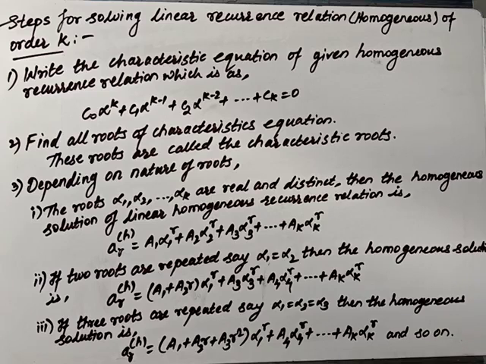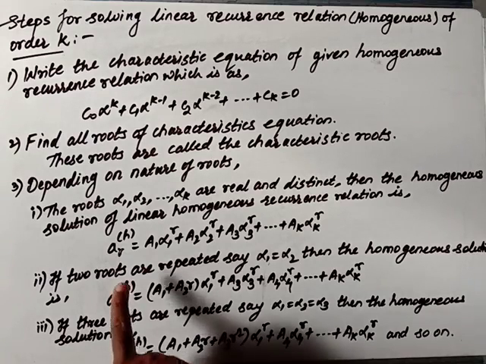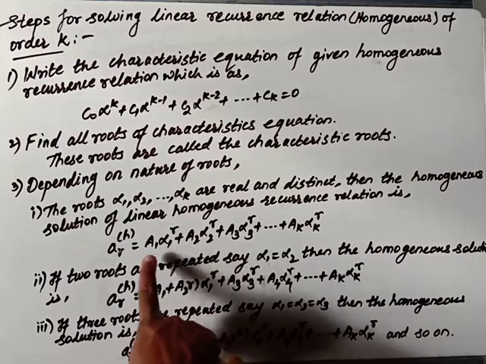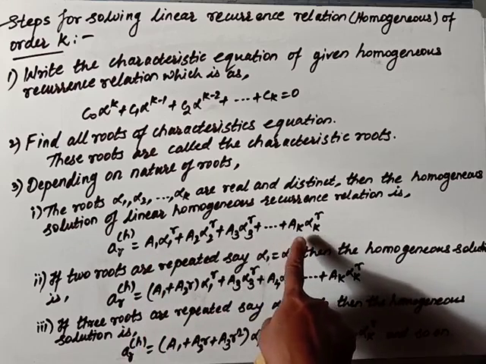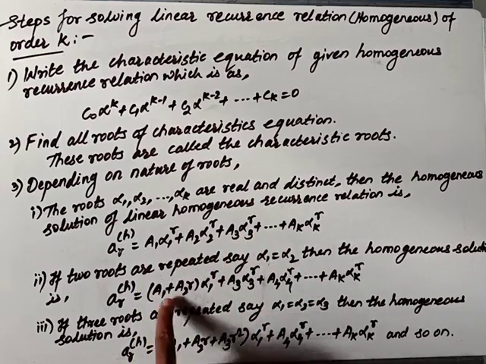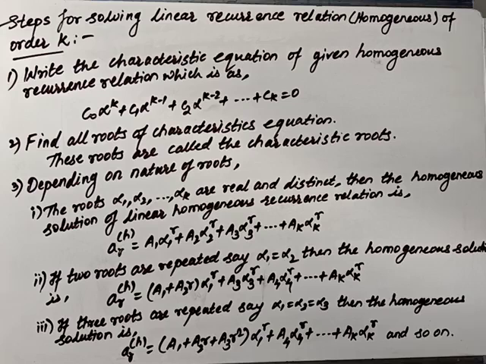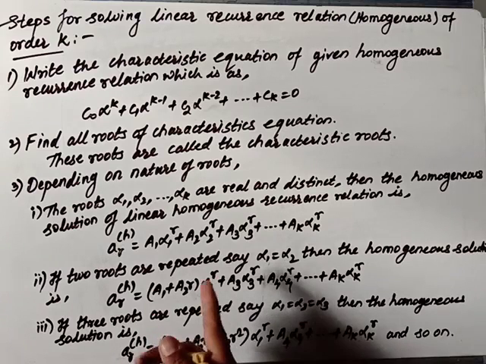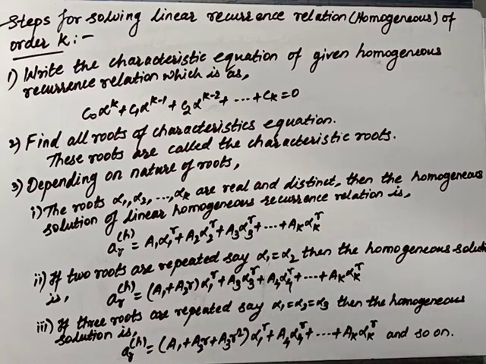Now, the last step says if k initial conditions are given to us, we can find these k unknowns in this homogeneous solution, A1, A2, A3, so on up to Ak. So obviously k linear equations and k constants we will get here, and simply we have to put them here.